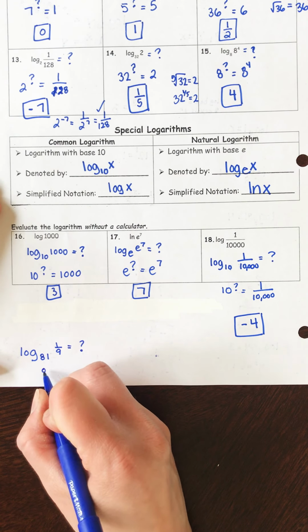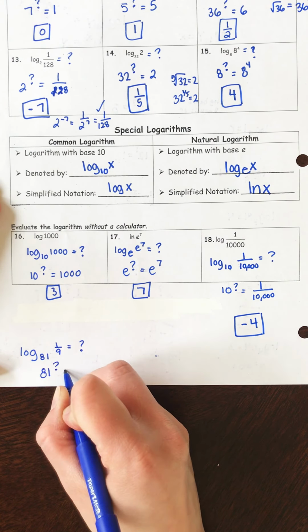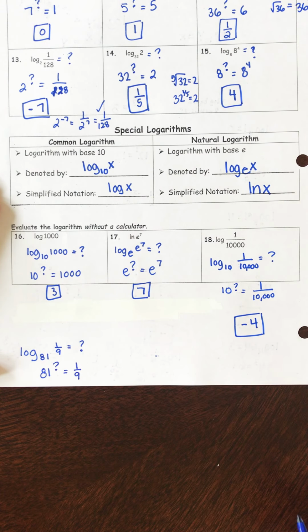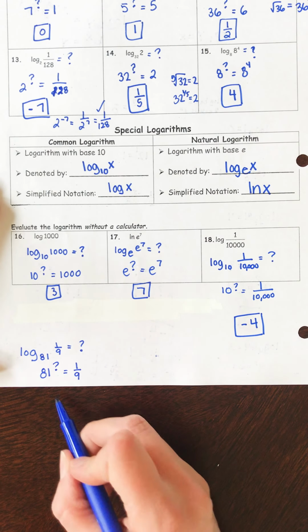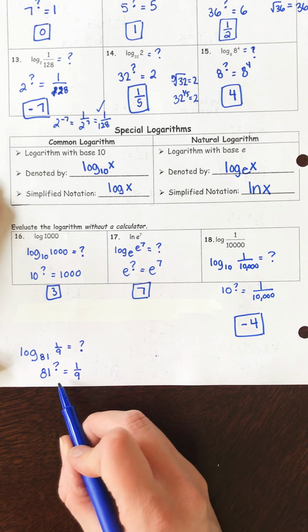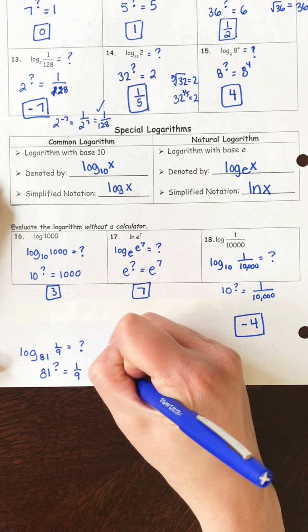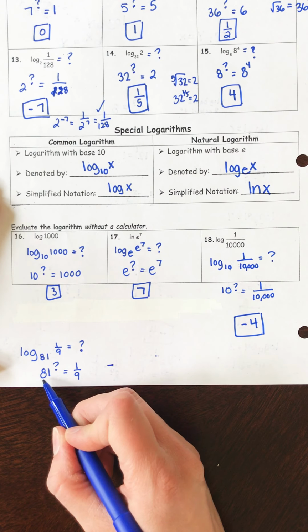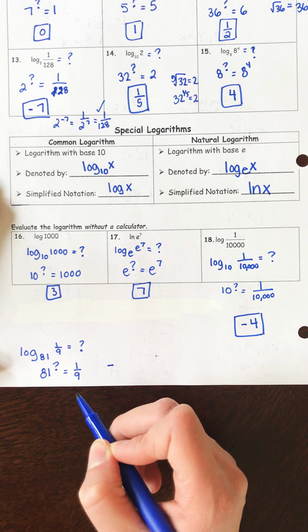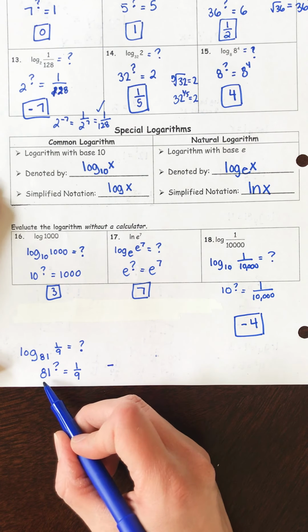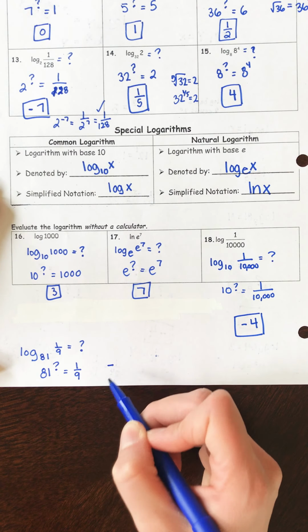So here I'm saying, 81 to what power is 1 over 9? Well, I've got two things going on here. 81 is turning into a fraction, so my exponent is negative. But 81 is also going down to a 9, which means I would have taken the square root of 81 to go down to a 9.